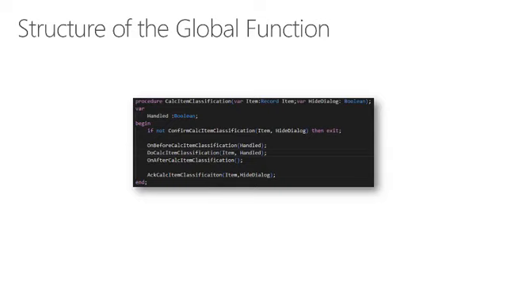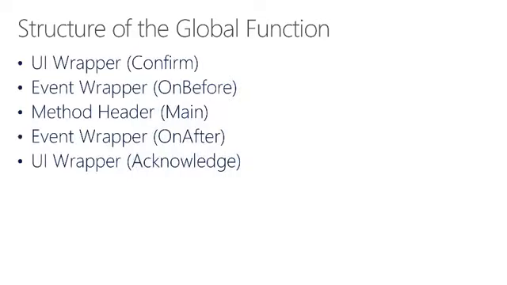So first we do confirmation, like that's a UI wrapper. Right? So the structure of the global function has a UI wrapper for confirmation. Then it has the first part of an event wrapper, which is the on before. Then we have a method header, which is the main function. Then we have another event wrapper for on after.